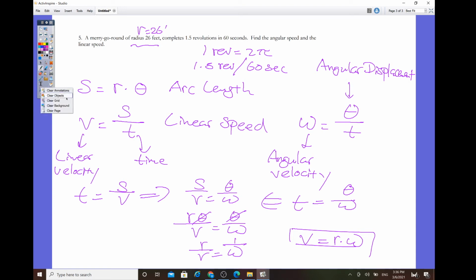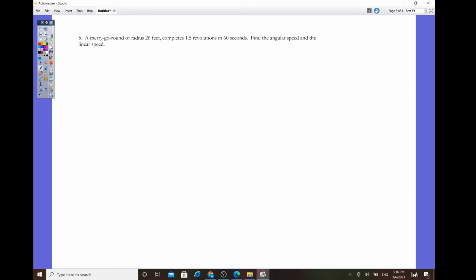Let me clear all the notation first. Once again, radius 26 feet, and 1.5 rev for every 60 seconds. Keep that in mind: 1 rev is considered 2 pi, because once you go around once on a unit circle, it's considered 2 pi.